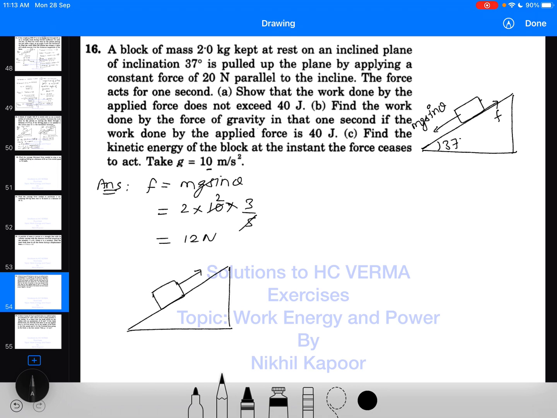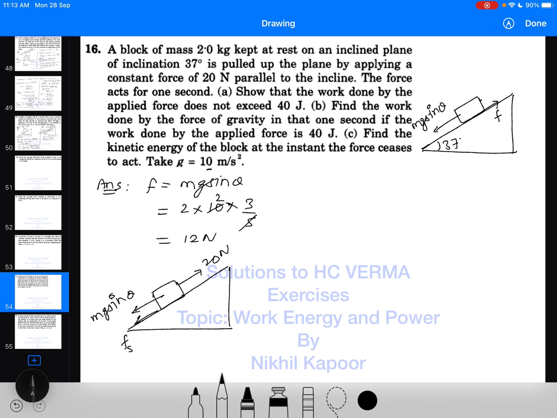So when we are sliding up by applying a force of 20 Newton, the mg sine theta and the friction both will try to oppose the displacement of the block, and the friction will be maximum static friction, kinetic friction. The force is acted for 1 second.